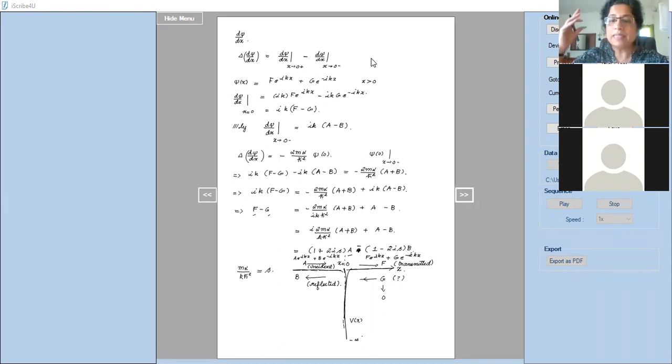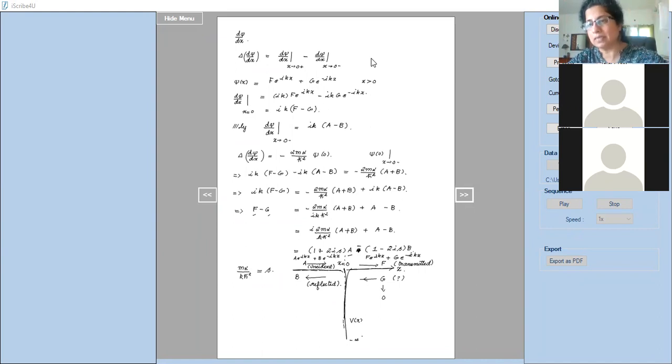Then your G e to the power of minus ikx, the interpretation of that is unclear, right? Simply because you are considering this potential in isolation. You're not saying that I have this potential and I have something else at larger x. You are solving for the delta function potential alone.